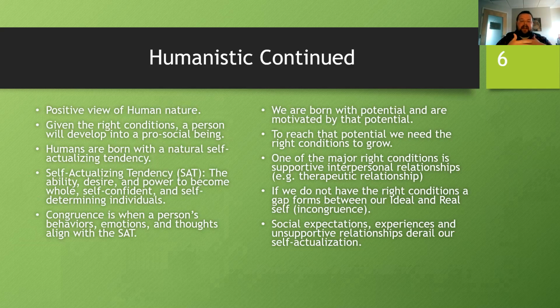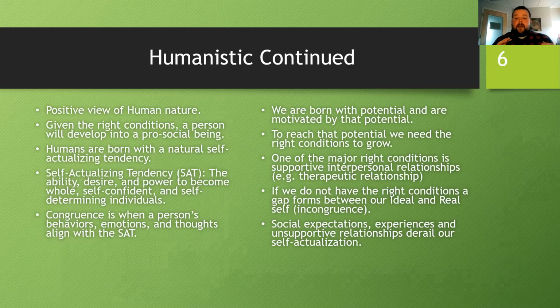When our behaviors, emotions, and thoughts align, we call that congruence. When we don't have those things aligned, we call that incongruence, which I'm going to talk about in a few slides. So again, we are born with the potential and motivated to reach our full potential.